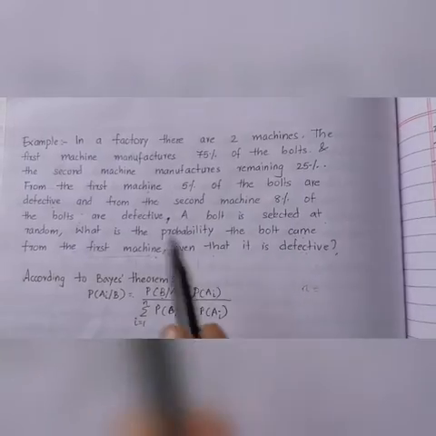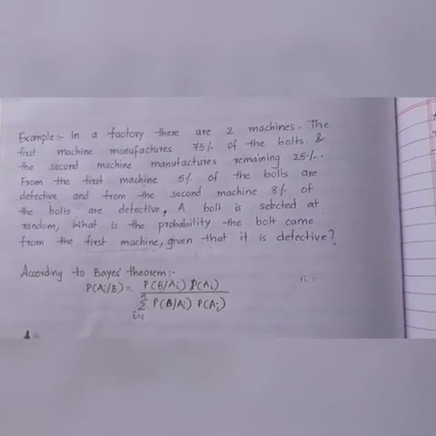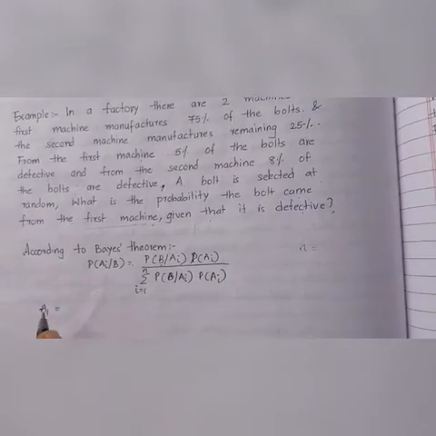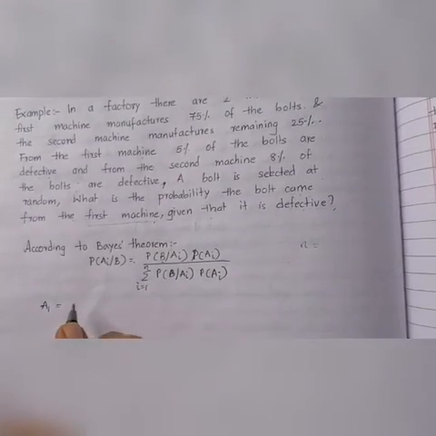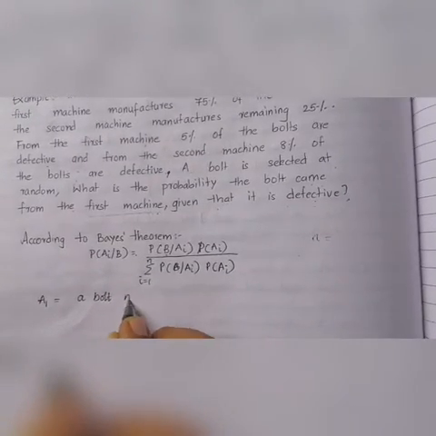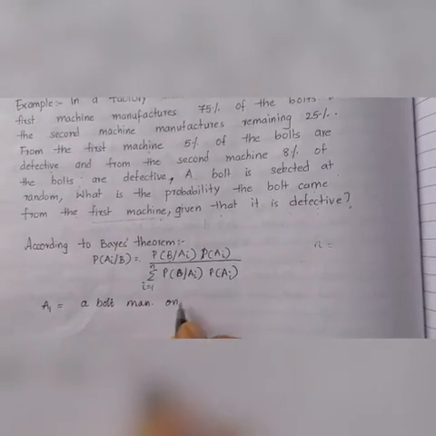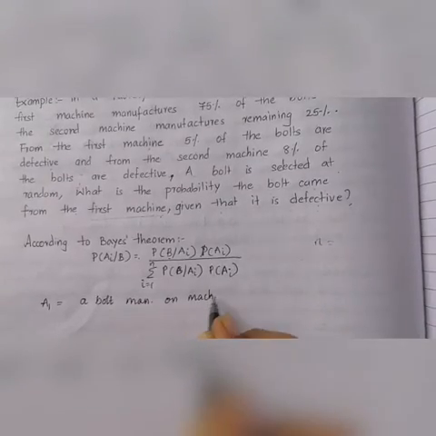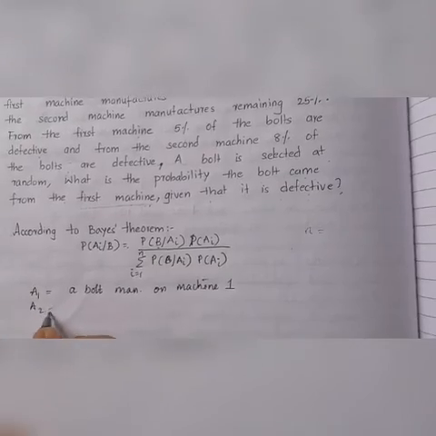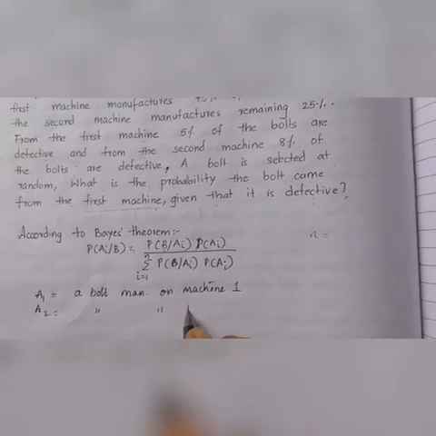Now let us write the events initially. Let me take A1 is equal to a bolt being manufactured on machine 1. A2 is equal to a bolt being manufactured on machine 2.